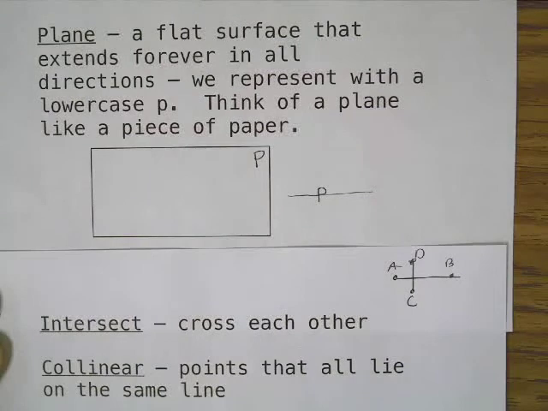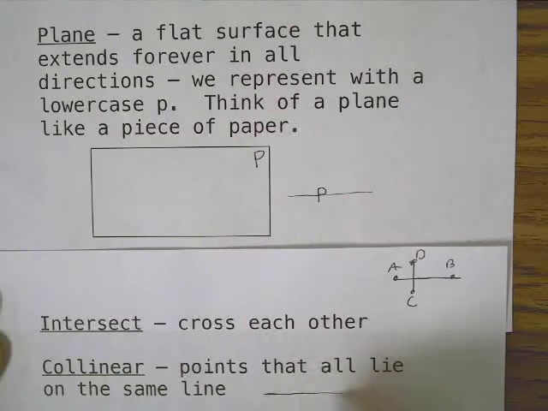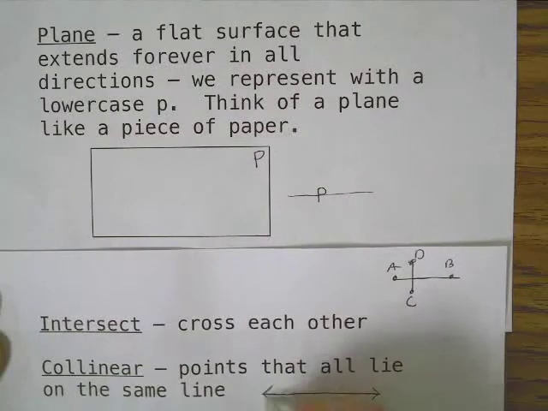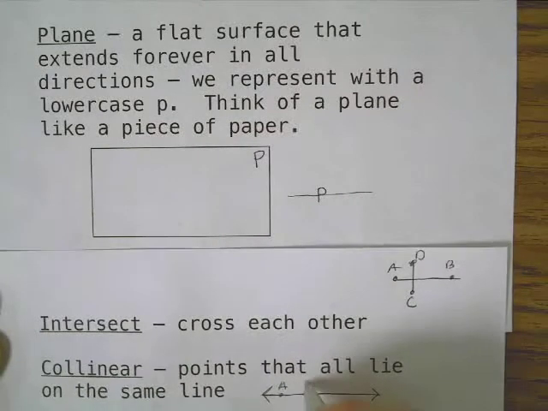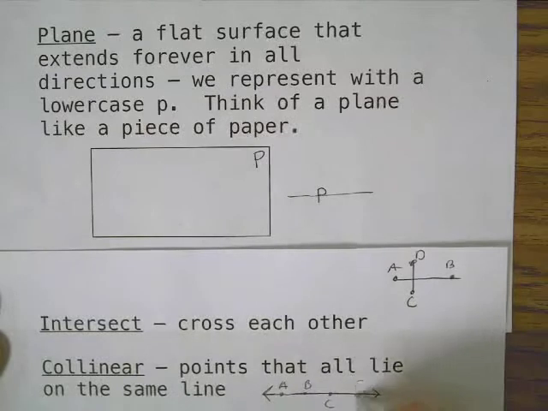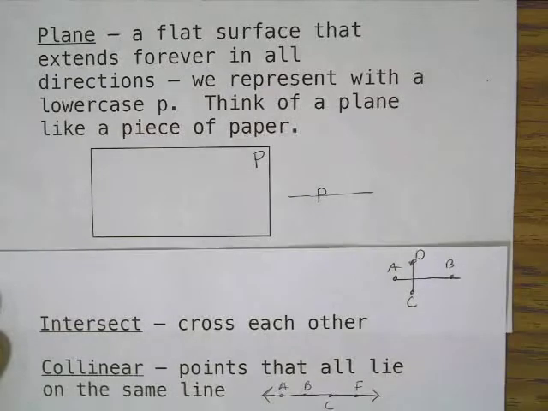Collinear points all lie on the same line. Remember, a line goes forever in both directions. A, B, C, and F are all collinear. They all lay on the same line.